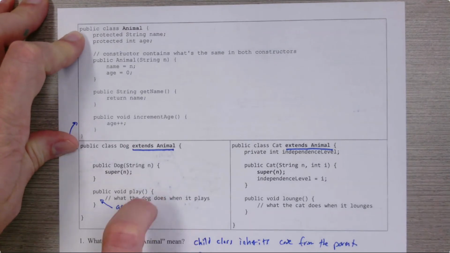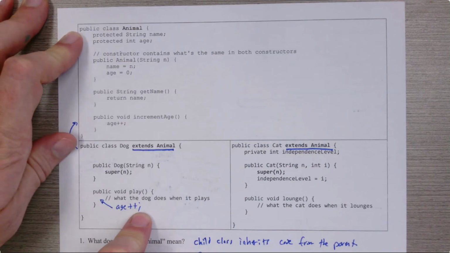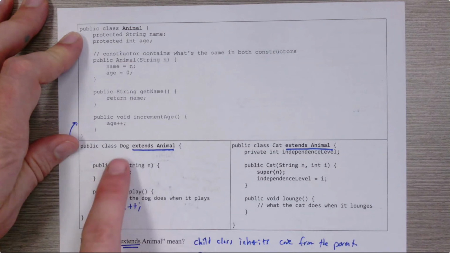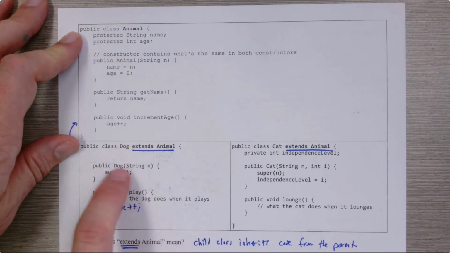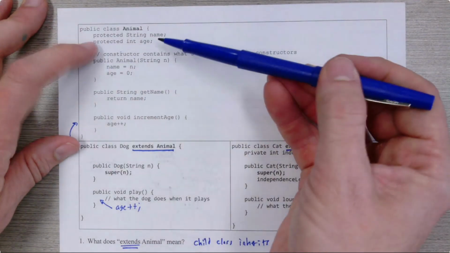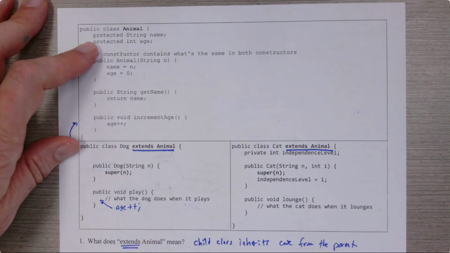So it would have it, but it wouldn't be accessible, which is actually something you want to do sometimes, and we'll talk about why later. But ordinarily, you would want your child classes to be able to access all of the variables that they inherit. So protected is like being public for this class and all the child classes, but private for anybody else.